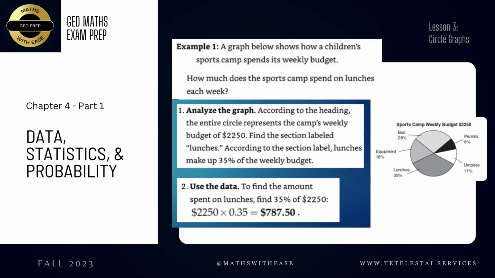I'm getting tired. And so you know that that is the amount that the camp is spending every week on lunches, and that $787.50 is coming out of this budget of $2,250. Okay.